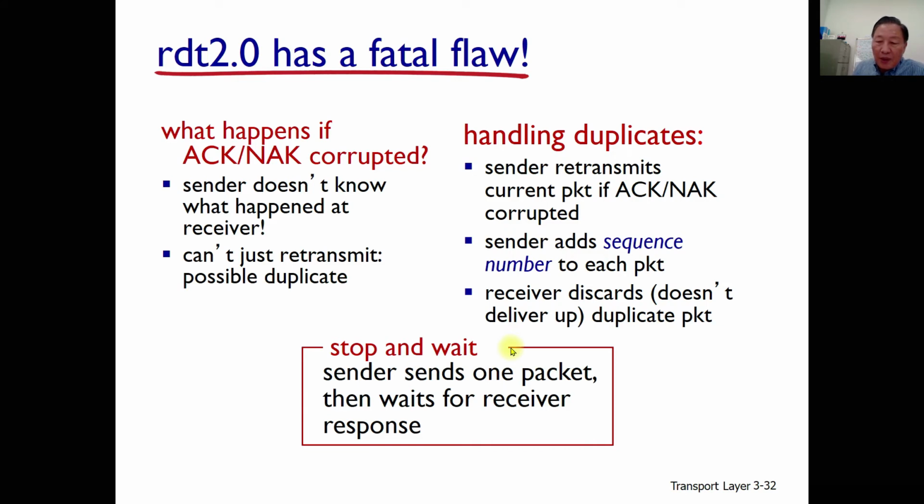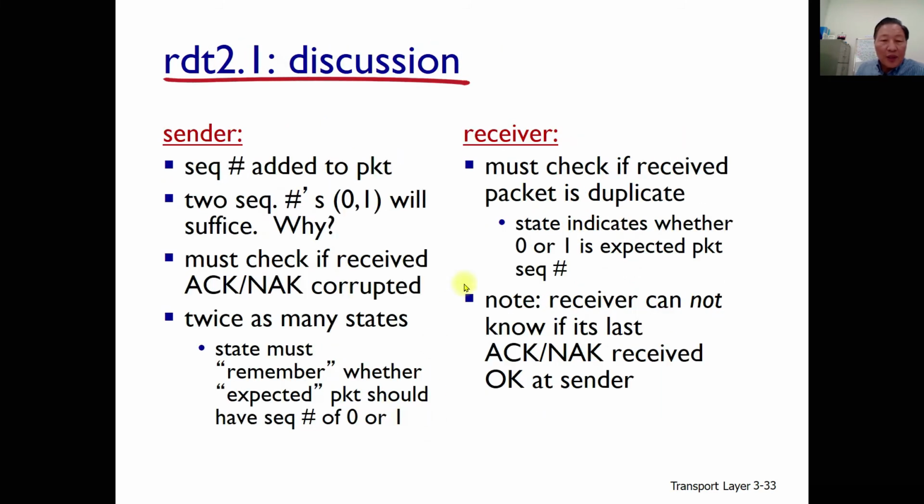The most primitive protocol is the stop-and-wait protocol. Simply, the sender sends one packet and then waits for the receiver's response. Send, stop, and wait for the receiver's acknowledgement. So simple. And this one explains a little more about that.